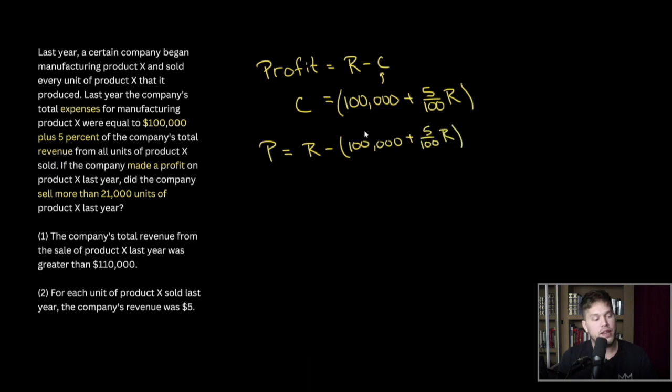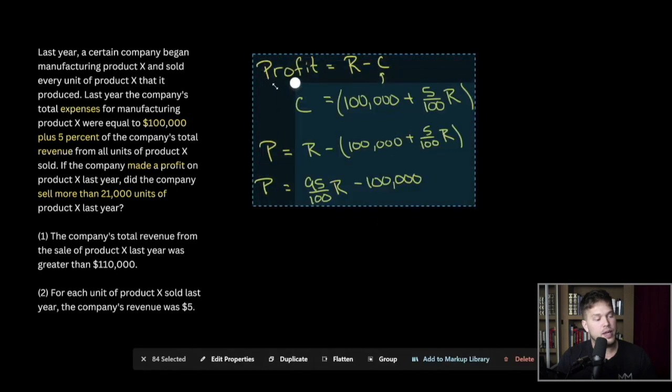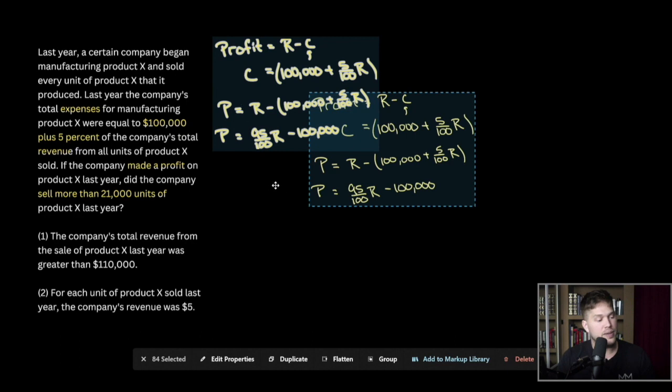And if we simplify this, we'd be left with 95% of revenue minus 100,000 is going to be equal to our profit. Okay, so this is all just some notes to say about the problem before we look at our statements. So let's move this to the side.